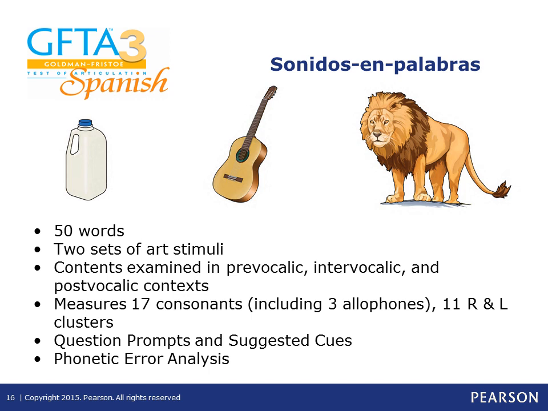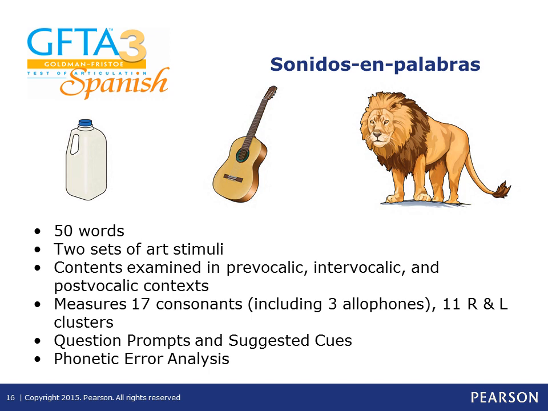GFTA-3 Spanish measures 17 consonants, including 3 allophones for the intervocalic positions of B, D, and G, and 11 RNL clusters. All consonants in the target word are measured. Vowels are not accounted for in the total score. Each target word is elicited using a question prompt. The most common prompt is ¿Qué es esto?